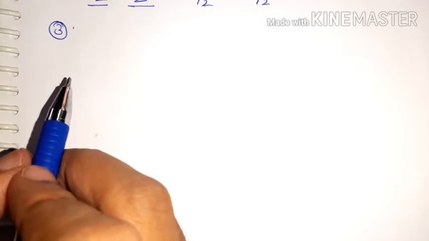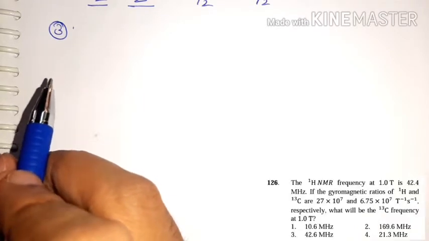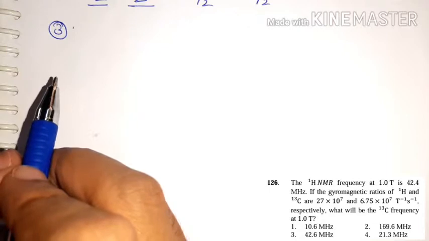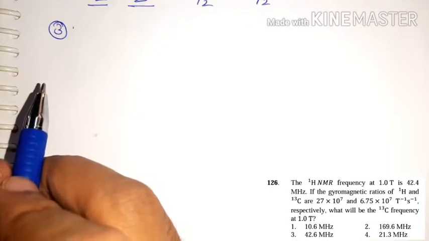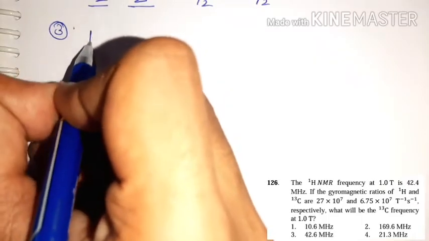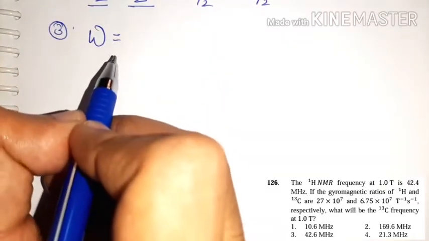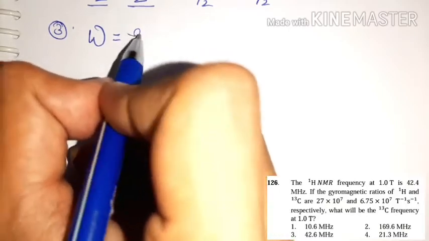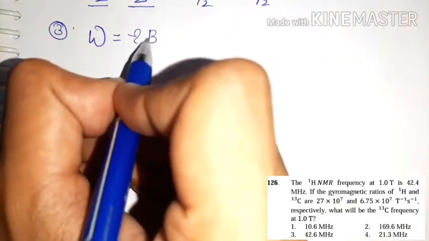Now see friends, first of all we must know the relationship between the vibrating frequency and the gyromagnetic ratio, that is G. For this we have a formula: omega, that is your frequency, is equal to gamma B naught.